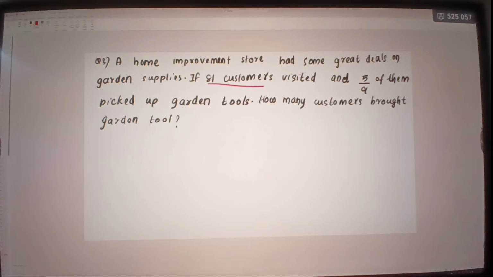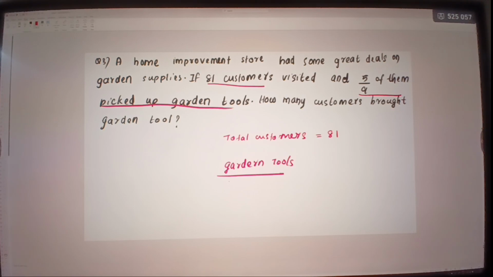81 customers. 81 customers means total customers. Total customers is given, 81. 5 of 9 pick up garden tools. So what is the numerator? Picking up garden tools is the numerator. Garden tools divided by, so always the denominator will be the total number.